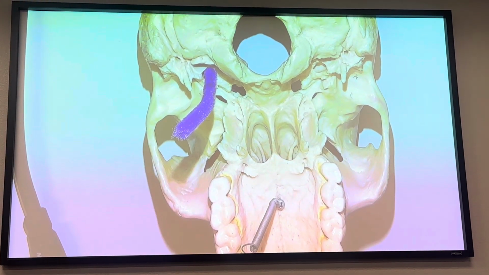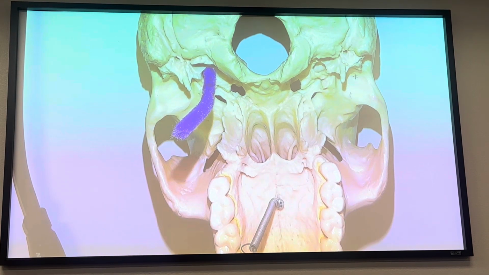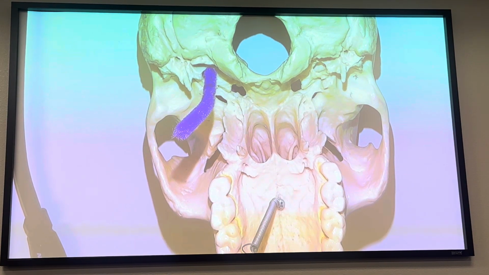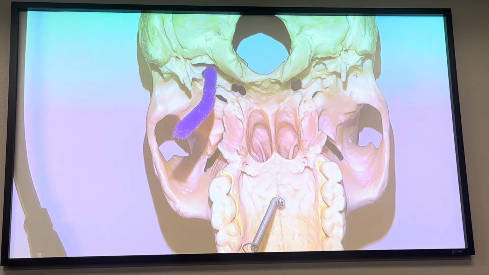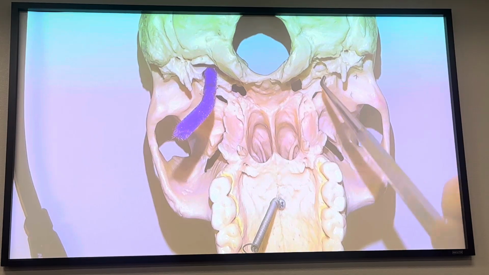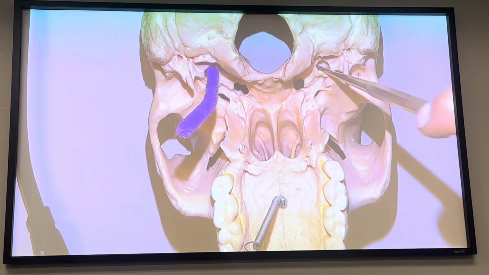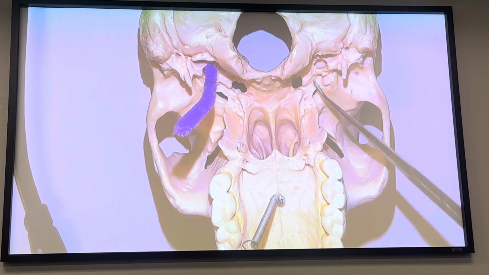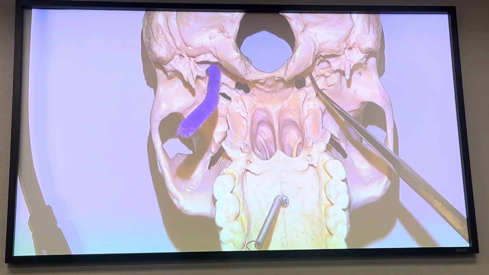It's because the carotid canal, it's not a hole straight through the skull, but rather it has this little horizontal zigzag in it. So the internal carotid artery, it enters this bottom half of the canal, and then it has to veer medially through the petrous part of the temporal bone.